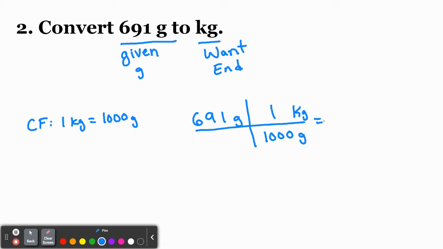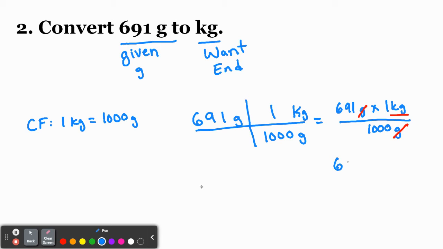So what I'm left with is 691 grams multiplied by 1 kilogram divided by 1,000 grams. Right away, looking at this, I can see that the grams cancel and I'm left with kilograms.